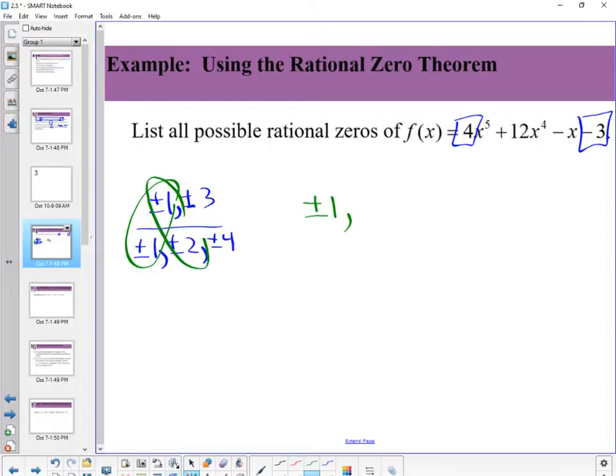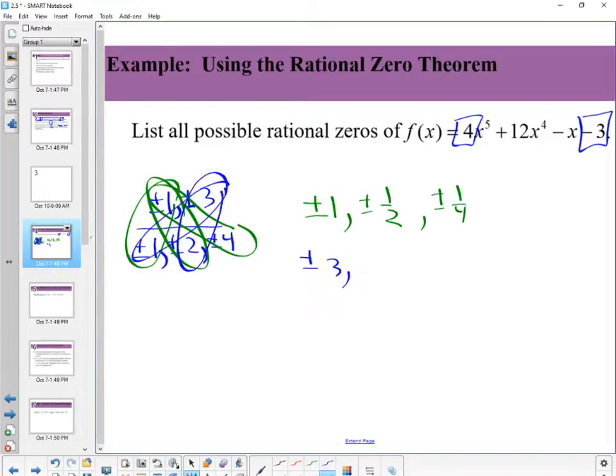And I would also want to test positive and negative 1/2. I would also want to test positive and negative 1/4. And then I'm going to go to the other value. I'm going to want to test plus or minus 3, plus or minus 3 over 2, and then finally, plus or minus 3/4.